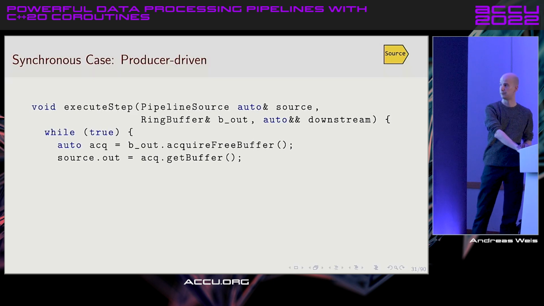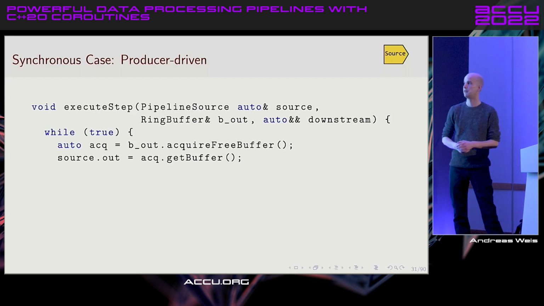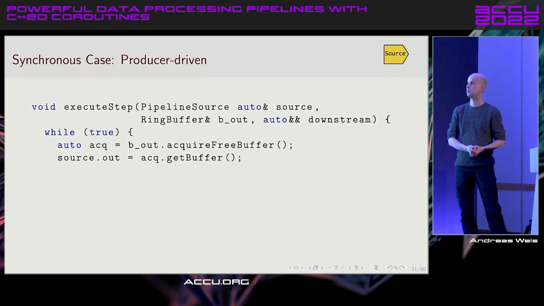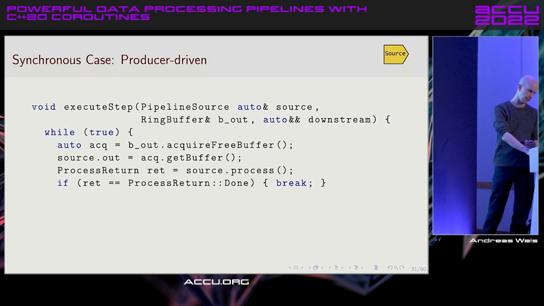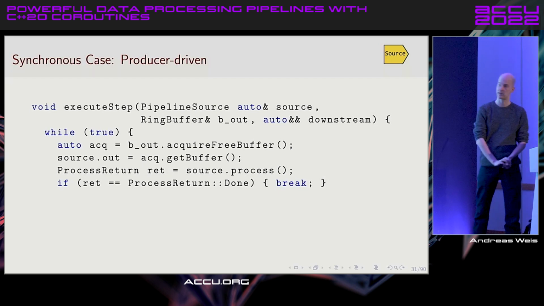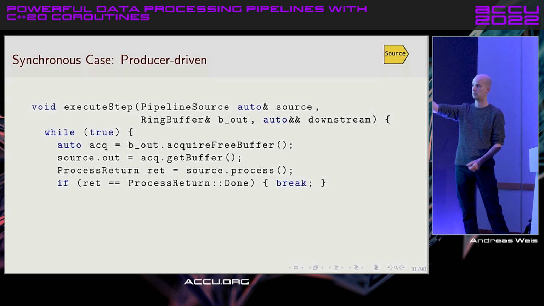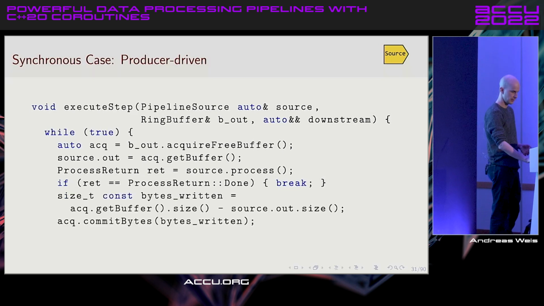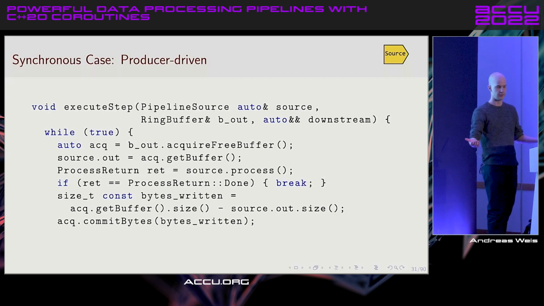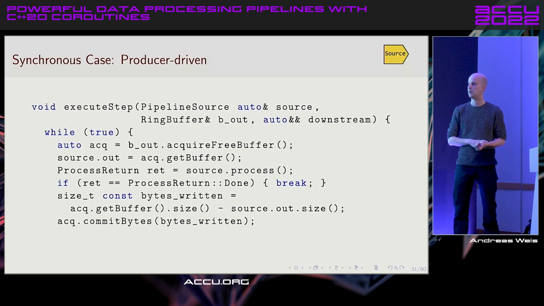So I will need a loop. In the loop, I'm first going to acquire a free buffer from the ring buffer that I specified here. Then I'm going to hook up the buffer to the processing step. Then I'm going to call the pump function, the process function. If that one is already finished, then I'm going to break out of the loop.